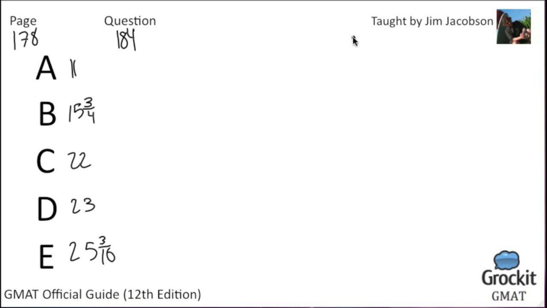Straightforward. You just have to remember the average formula. It's a V, really. Average equals the sum of the numbers divided by the number of numbers. So we need to figure out the sum.